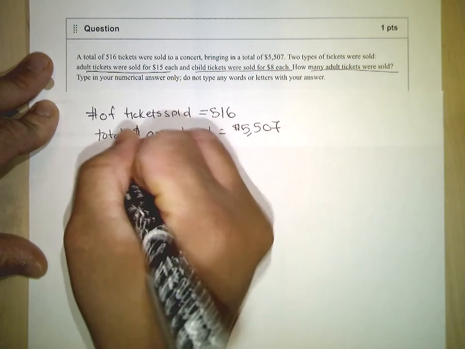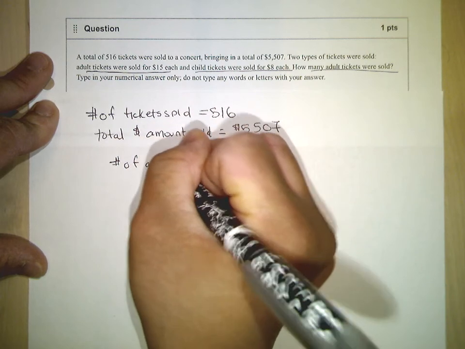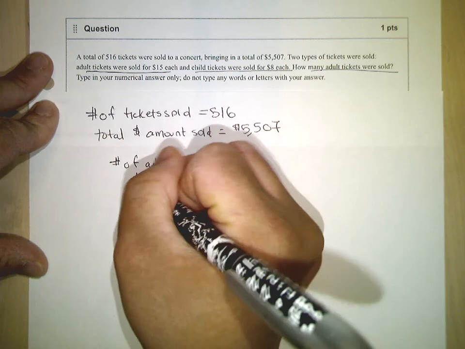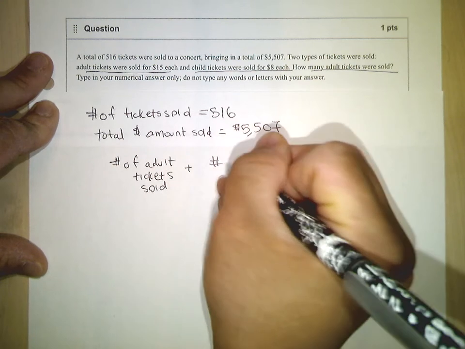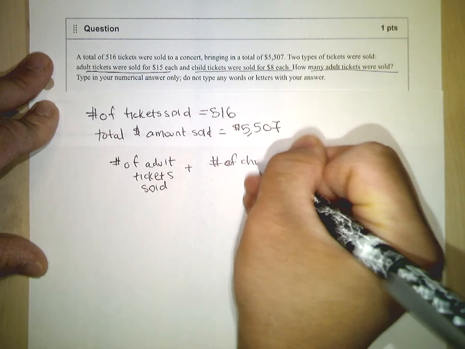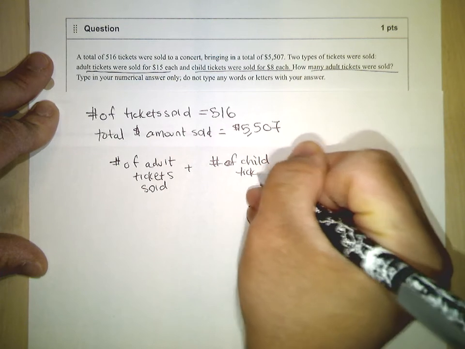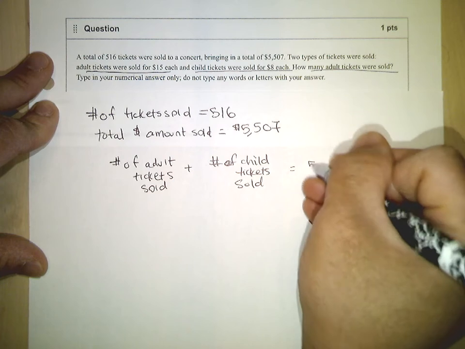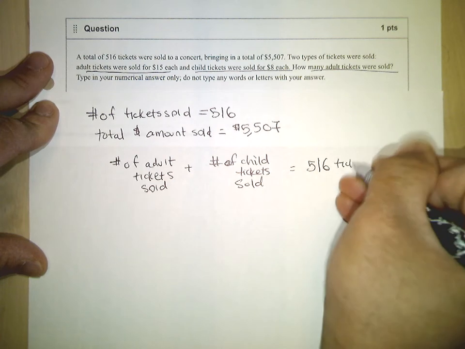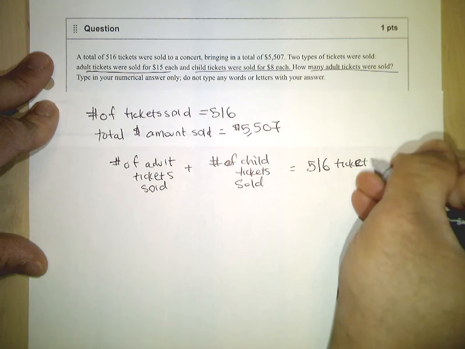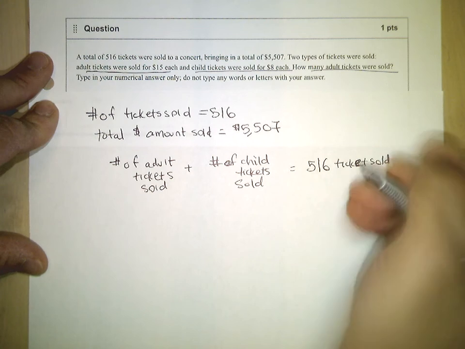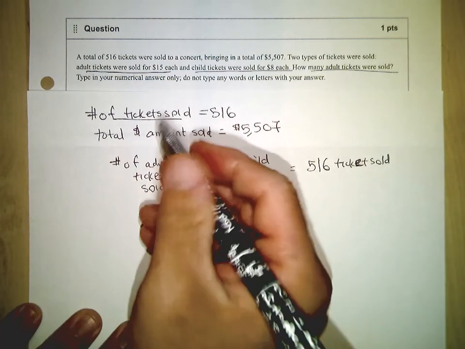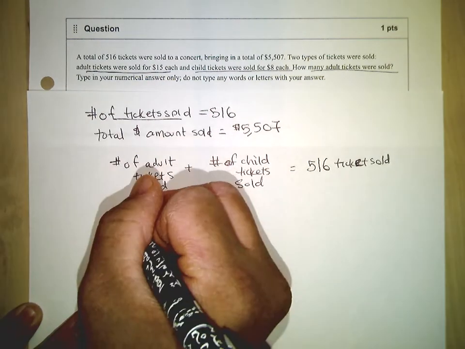So I know that the number of adult tickets sold plus the number of child tickets sold is equal to 516 tickets sold in total. All right, and I also know that the adult tickets were $15 each.